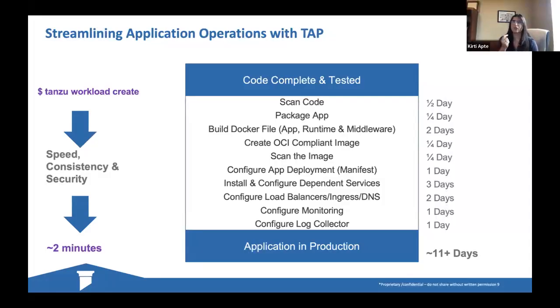It is a simple one-push experience with Tanzu workload create, triggering the right supply chain under the covers, and having your service deployed to production in roughly 2 minutes. What are we getting with this? We are getting speed, consistency, security, and automation. And that's the value prop of the Tanzu platform and Capstone IT, that CaaS service that we are going to talk about. If you go to the next slide, Paul.